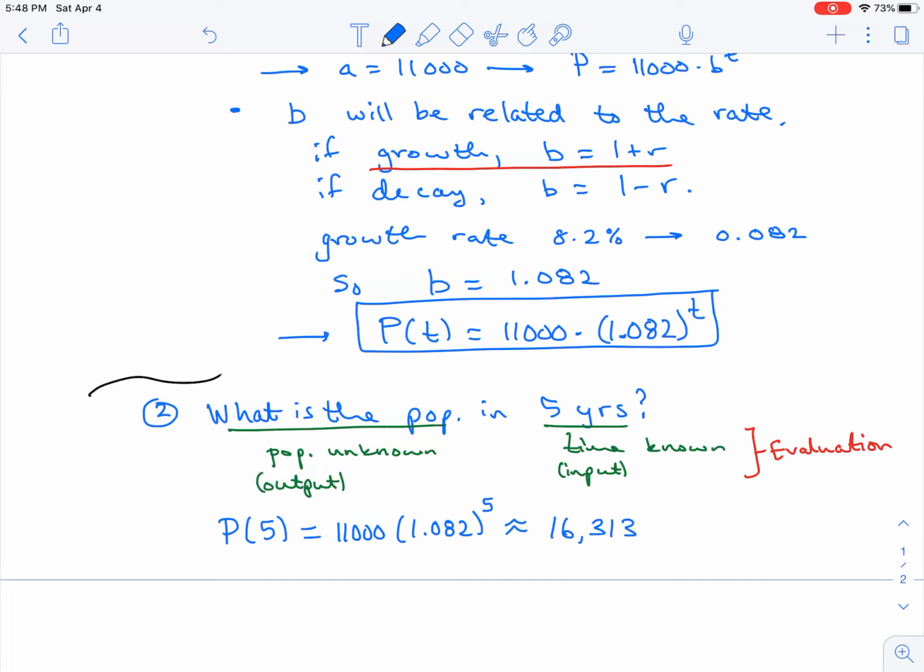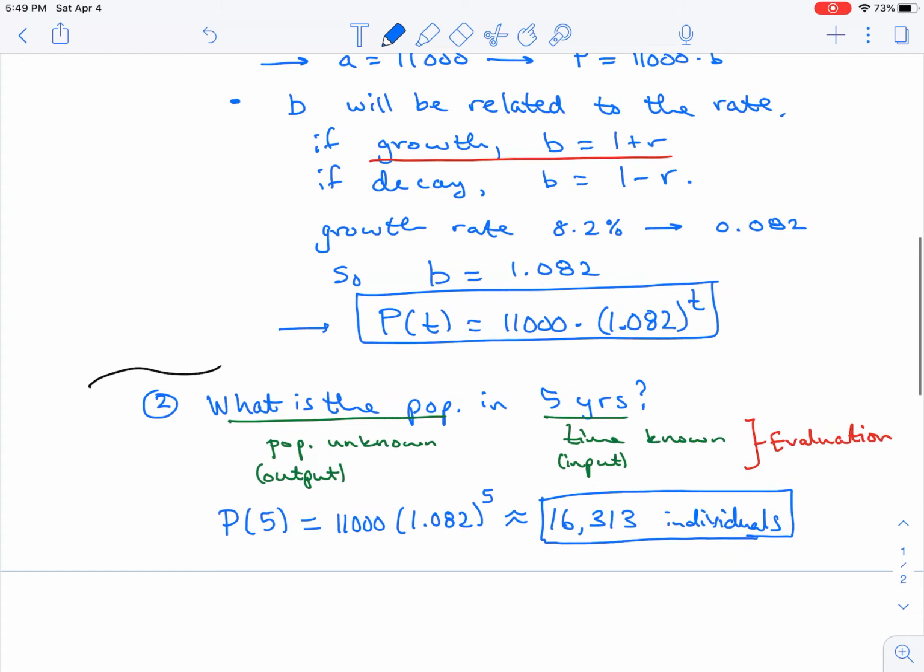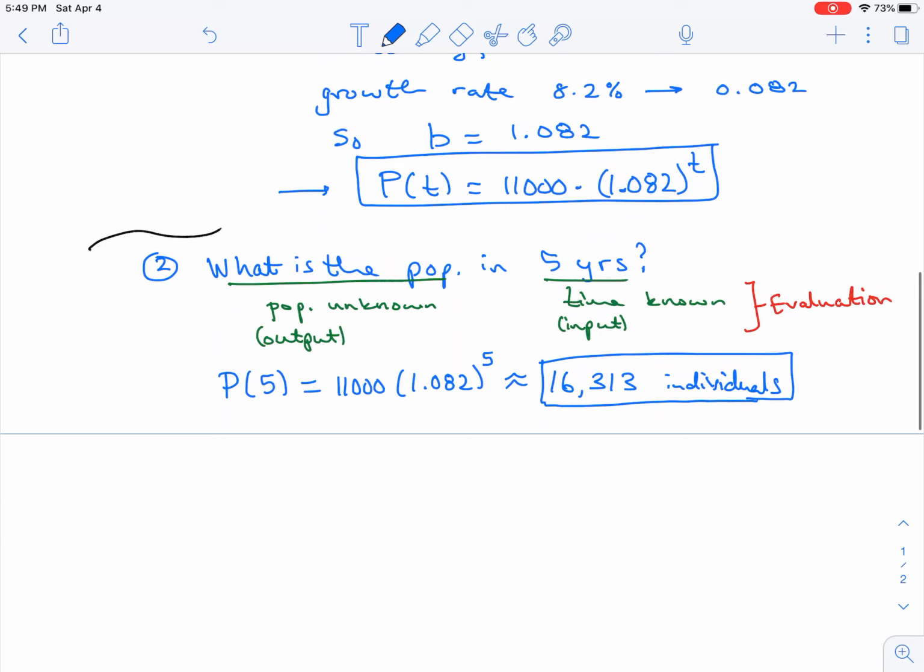Whatever it is, people, critters, we'll say individuals. Now you can't have a decimal number of critters, and so that's why we've rounded to the nearest whole number.